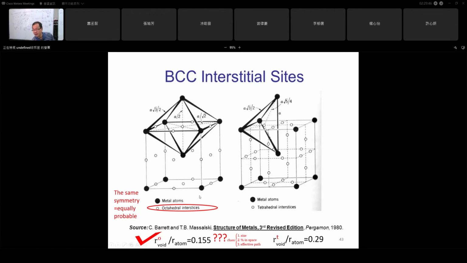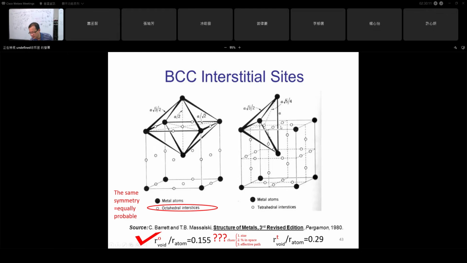And you may argue again, why don't you choose the tetrahedral? Very good question. I will teach you next week. Simply speaking, these 4 tetrahedral sites are easy to switch. Since they are easy to switch, they just switch quickly with themselves without any contribution to the hopping, i.e. the diffusion.